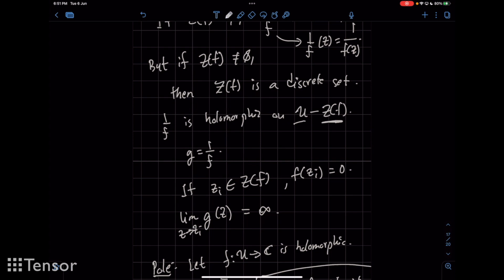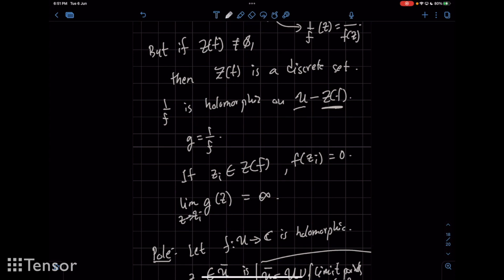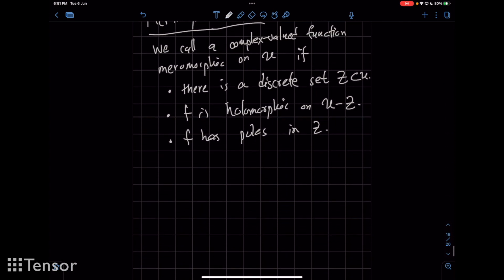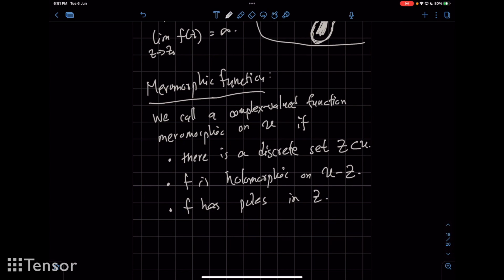And we also saw that the limit of g in the discrete set is infinity. That is, all the points in the discrete set Z of f are poles of g. So 1 over f is a meromorphic function. So meromorphic is basically holomorphic, but with poles allowed.